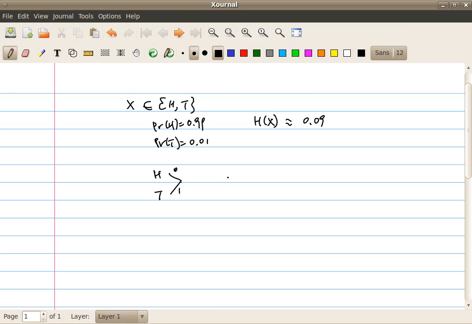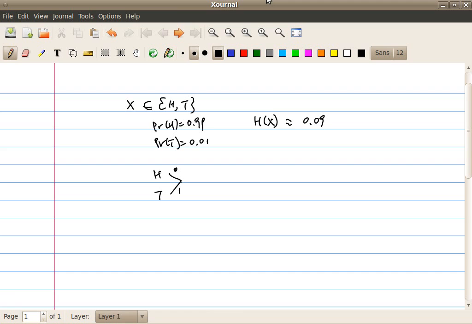Or in a sense, we are not compressing the source at all. However, we know that in theory, we can compress the source to about 0.09 bits per sample. So this Huffman coding in this case is not so effective at all.